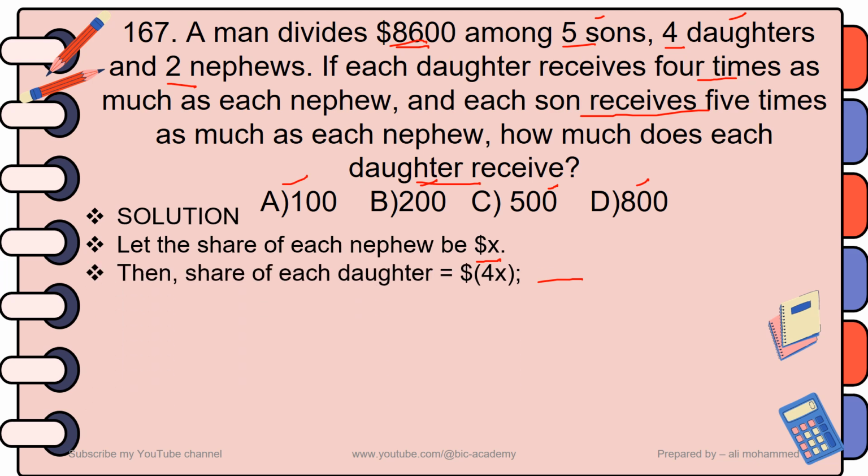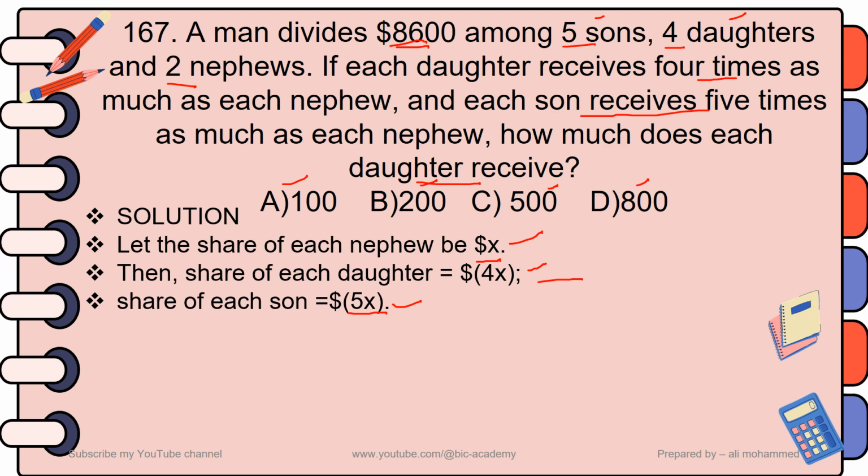That means the share of each daughter is $4X. Again, it is given in the question that the share of each son is 5 times the share of each nephew. So the share of each son is $5X. Now you have the share of each nephew, each daughter, and each son.